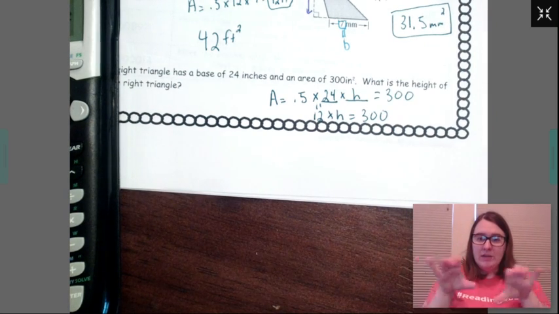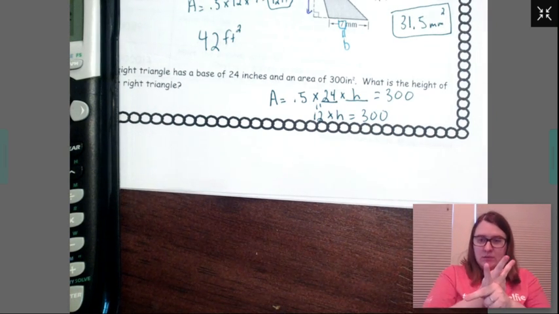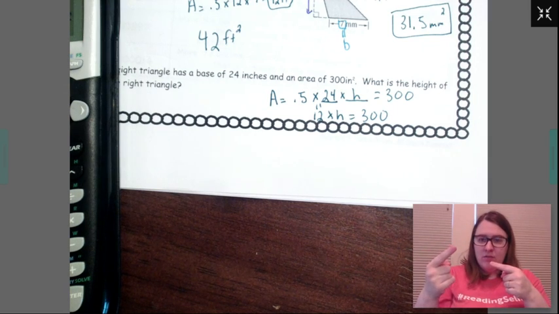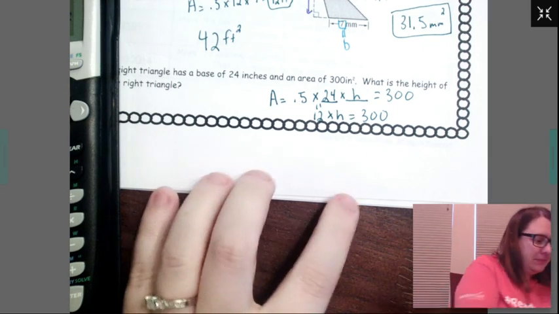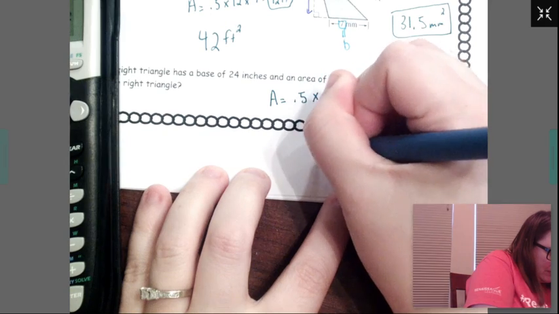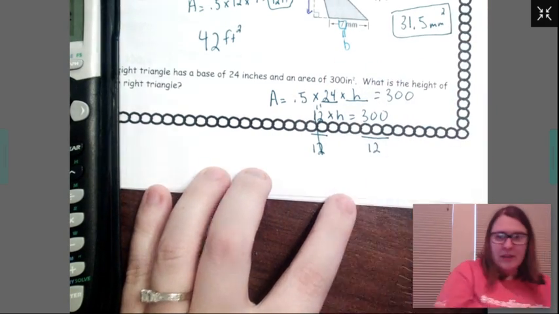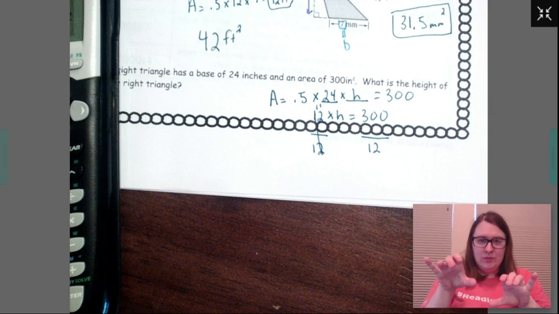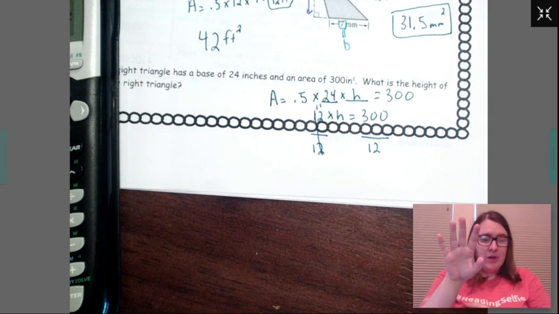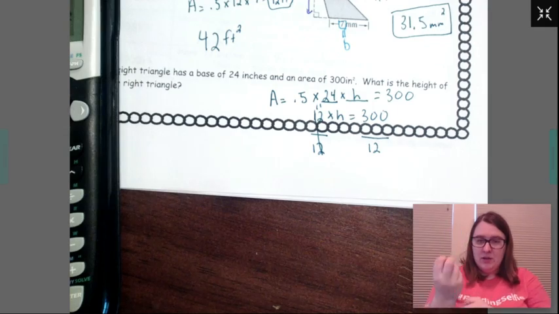Alright, so what do I do with multiplication? I do the opposite, which is divide. Okay, now I need to do 300 divided by 12.